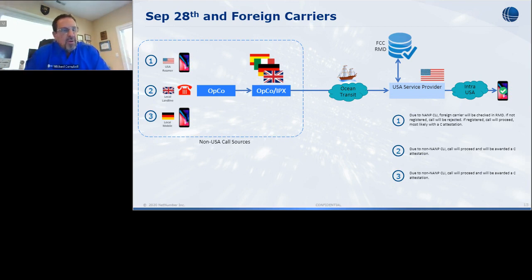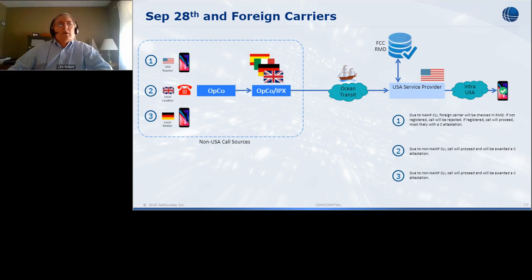And even though a mobile call is highly secured in the country that it's in, I don't know anything about that when it arrives into the United States. So again, that call, using local resources from, in this case, I think I showed a European country, will be allowed to proceed, but will still get a C attestation, because the service provider that's terminating this call to the United States doesn't really know anything about it. So, Michael, just really quickly, is there any sort of question?